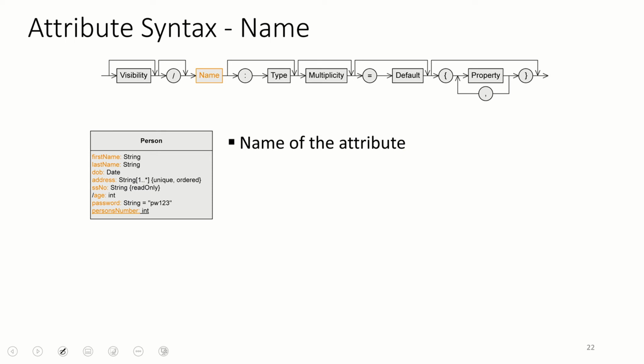You can tell over here: first name, last name, DOB, address, SS number, age, password, person's number. The first letter is lowercase, right? Only the class name or constructor name has to have the first letter capitalized.